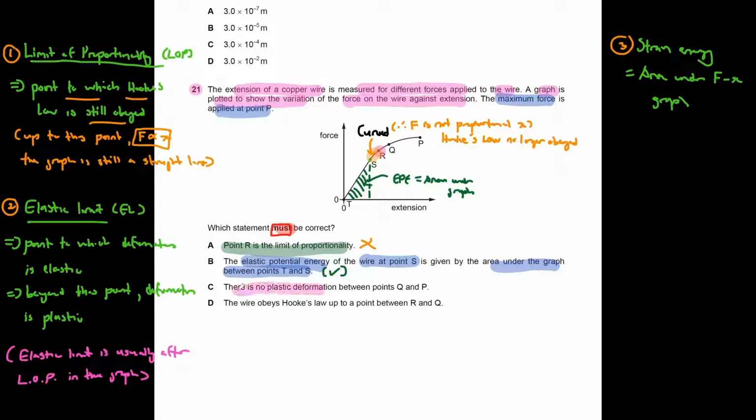There is no plastic deformation between points Q and P. Points Q and P is this one. Maybe I better just highlight in black. They say no plastic deformation. Now, in the first place, you probably have already exceeded the elastic limit.